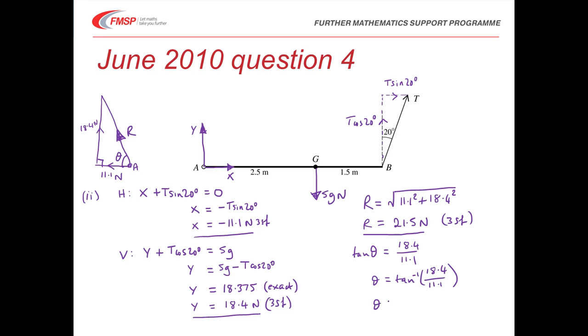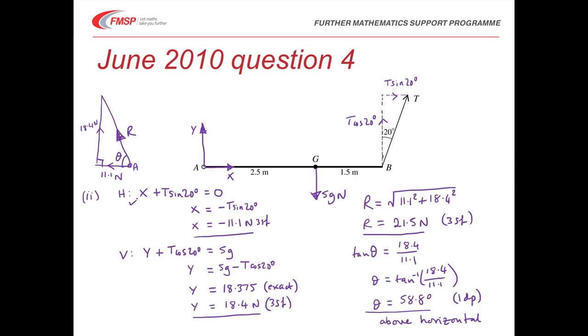And that gave me a value for theta, which I calculated to be 58.8 degrees to 1 decimal place. And given my diagram, that looks like about the right sort of angle that I'd be expecting. And I also made a little note under that to say that this was the angle above the horizontal, although I think my diagram does make clear which angle I mean. Well, there's 7 marks for this part of the question, and they're allocated as follows.